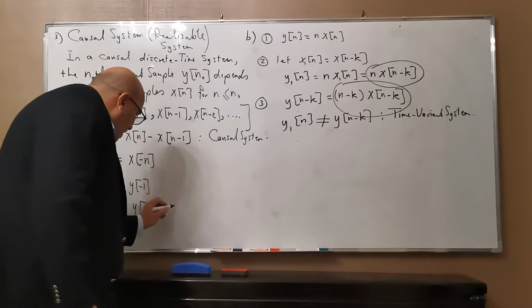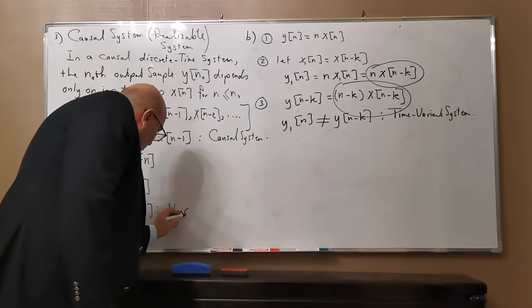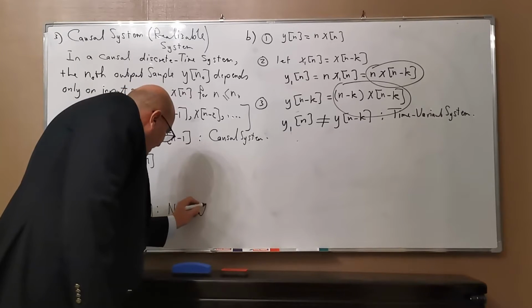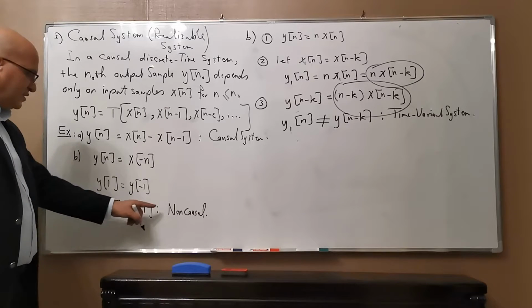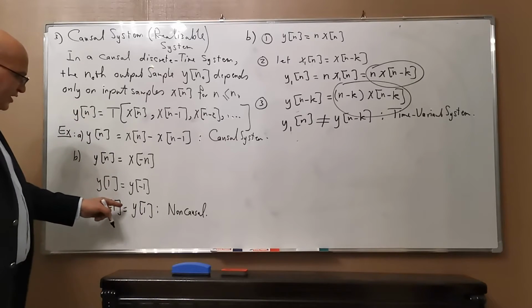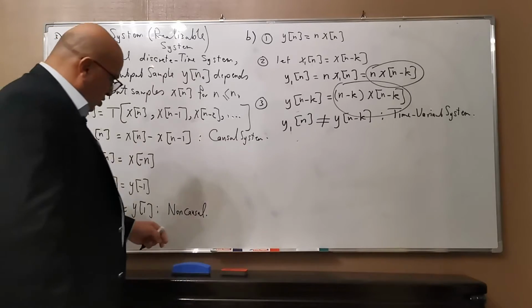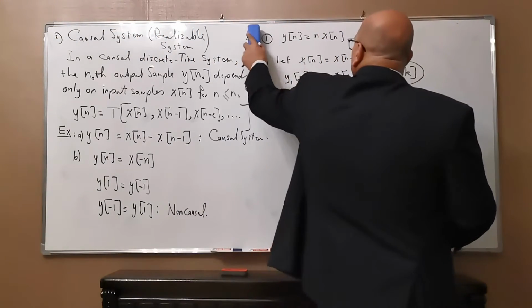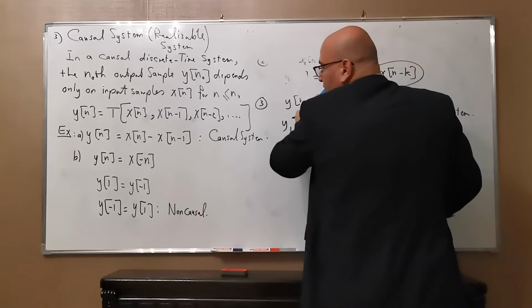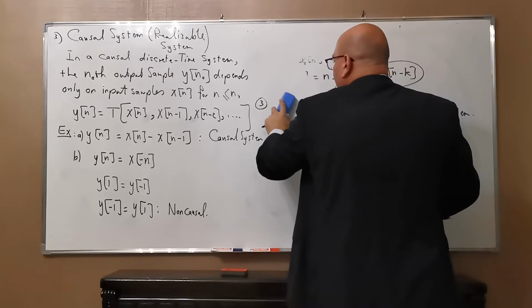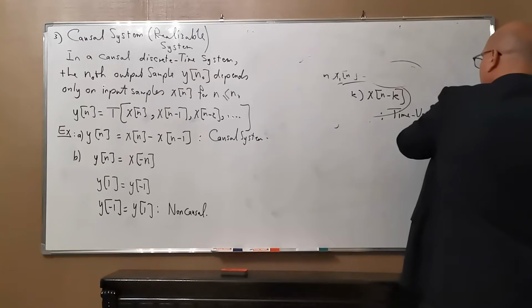So this is non-causal. It's enough to show that it is non-causal by just demonstrating an example. So it's a non-causal system: y of n equals x of minus n.